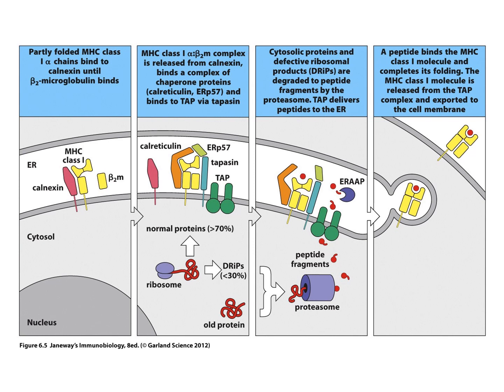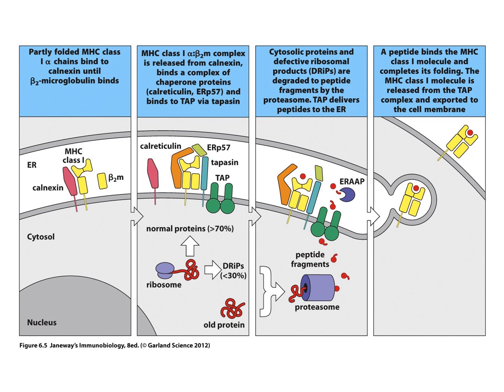Now, when you look at what's going on here, far left figure, we see that MHC class I has the alpha chain primarily there. We have the beta-2 microglobulin off to the side. The alpha chain is stabilized by calnexin.